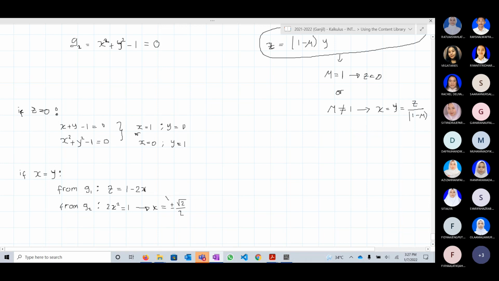And if we plug this in, then we will get that z is equal to 1 minus plus square root of 2.